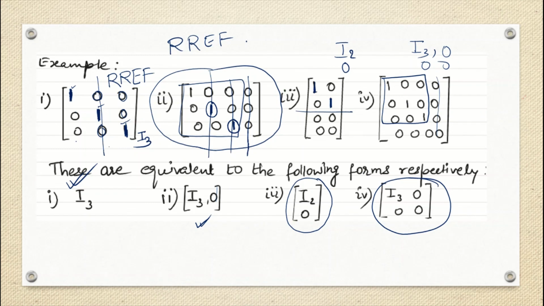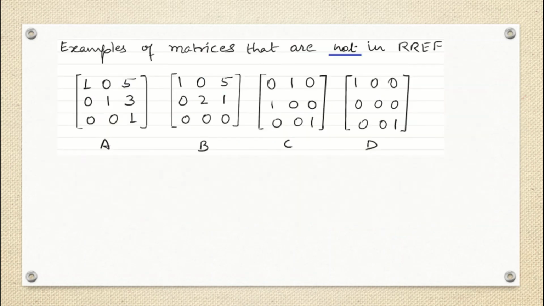So what forms are not in RREF form? We'll see the reason why these four matrices are not in reduced row echelon form. The very first thing is that this matrix has numbers other than zeros and ones also. This matrix is not in RREF form. What about this matrix? This is 2. So we will not count this even in the REF form. And if it is not in REF form, then we are not going to see whether it is in RREF form or not.